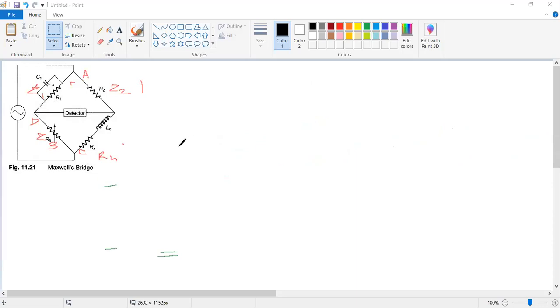Look, first we are writing the phasor of inductance. Here is an inductance that is connected with an AC source. Now what will be the phasor of this? This is the axis.